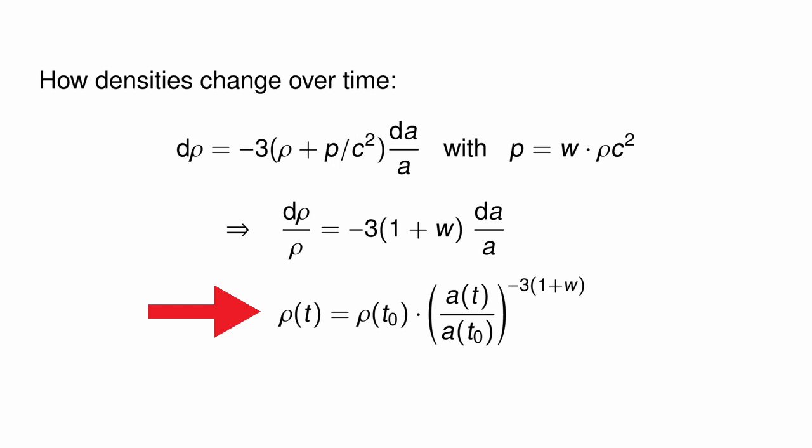So for these three simple kinds of matter, I can readily tell you how scale factor expansion is going to change their densities. For dark energy, this 1 plus w is 0, so that density does not change at all.